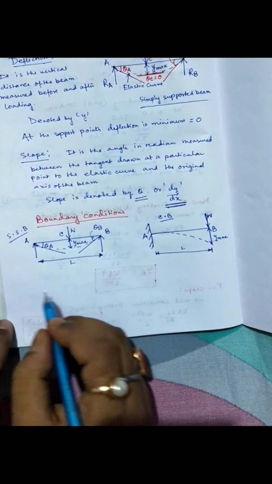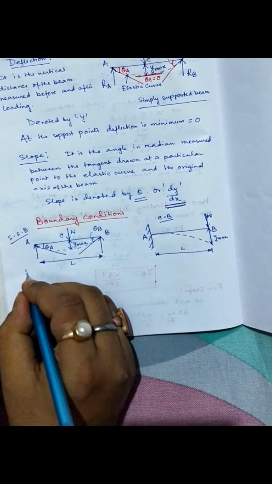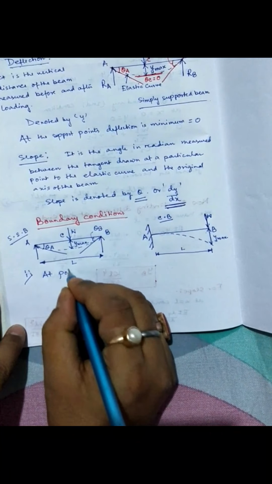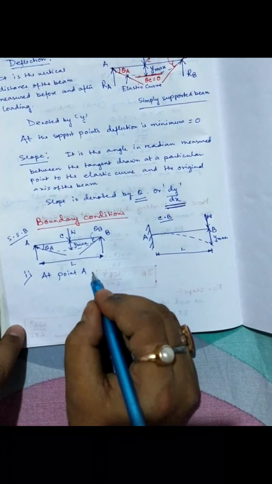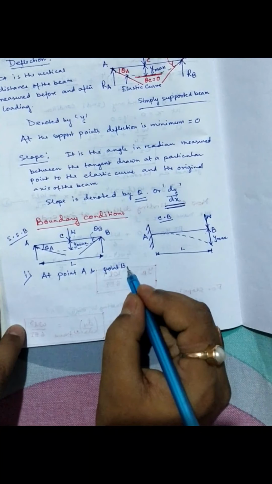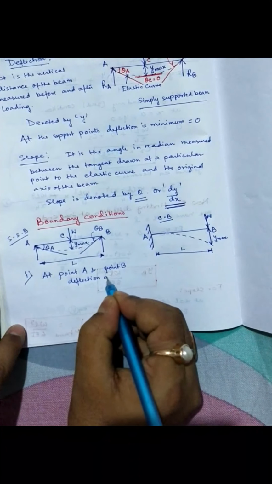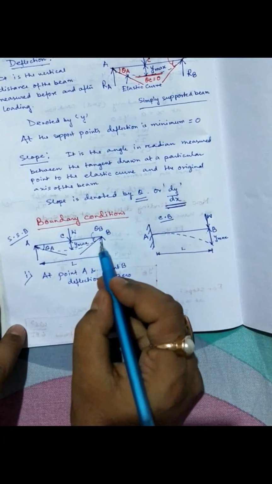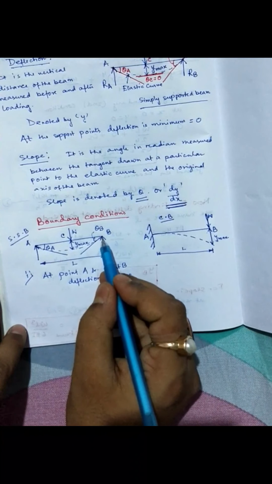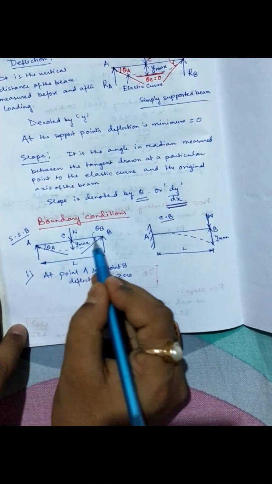In the first case, for the simply supported beam, number one condition that we can notice is that at point A and point B, you are getting the deflection as 0, because there is no vertical distance between the elastic curve and the original axis of the beam.